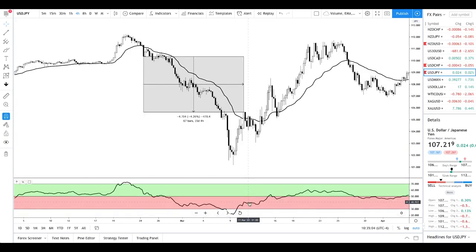Really and truly, you only need the 2 indicators, which is the RSI set to a 55 period, and then your moving average set to a 34 period. Wait for the overbought, wait for the oversold, and then for your entry and exit, wait for it to cross your moving average. Very, very simple long-term hold strategy.